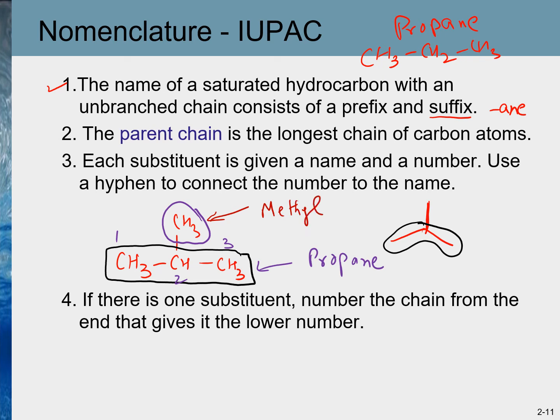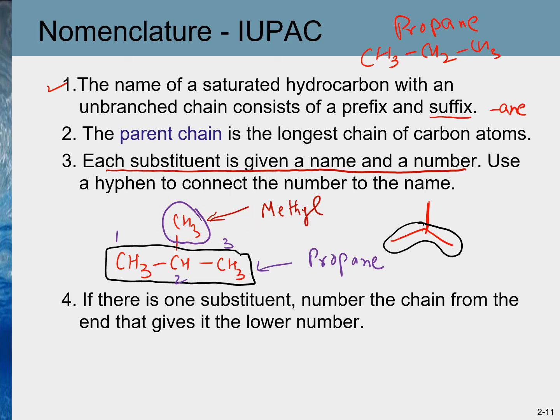When we write the substituent and the parent chain name together, each substituent is given a name and a number. The name we have already given; the number comes from where the substituent is connected to the parent chain. As we can see in this case, the substituent is connected to the second carbon of the parent chain, so the substituent will get the number 2.